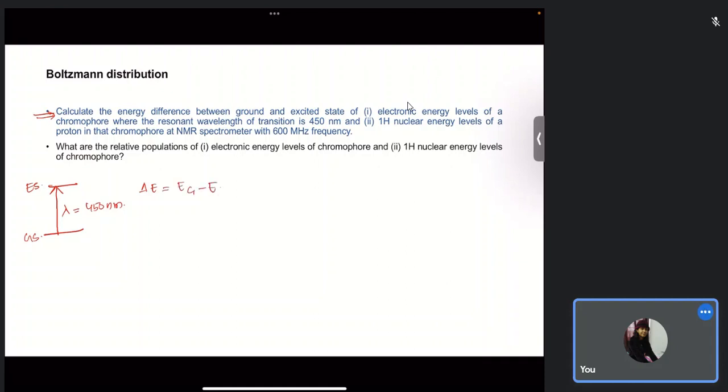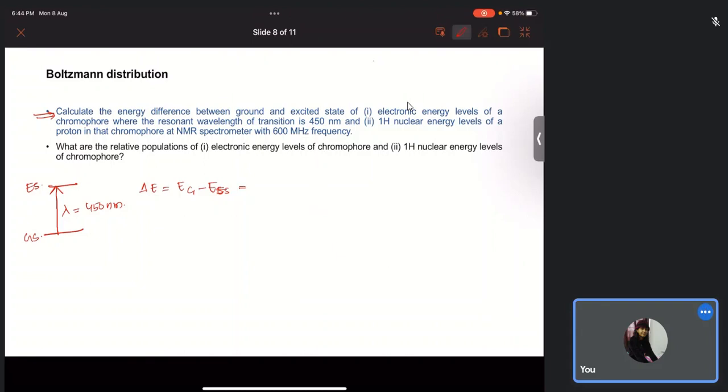E excited state minus E ground state is going to be equal to hc by lambda. h is 6.626 into 10 to the power minus 34 joule second, c is 3 into 10 to the power 8 meter second inverse.